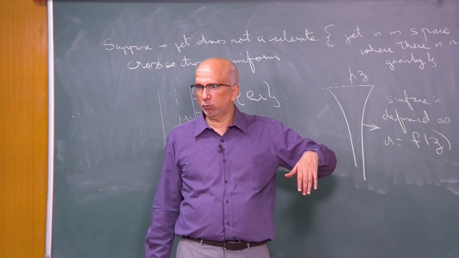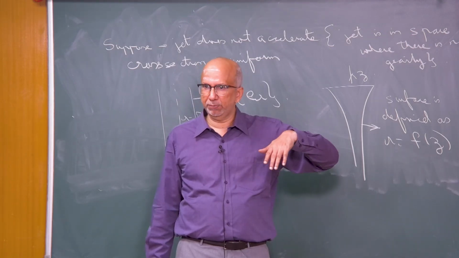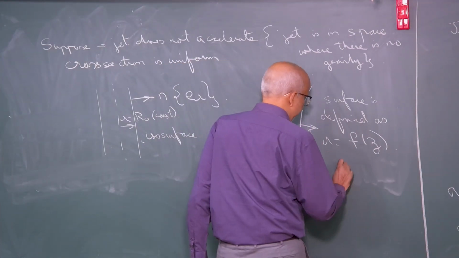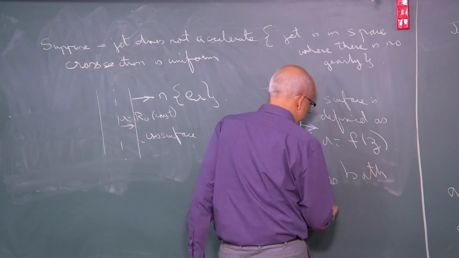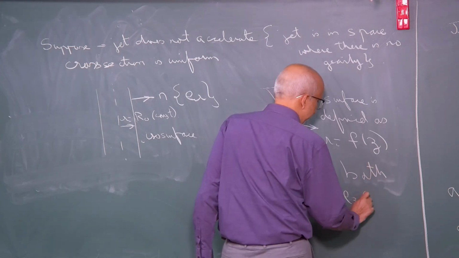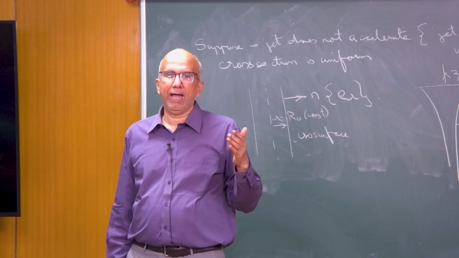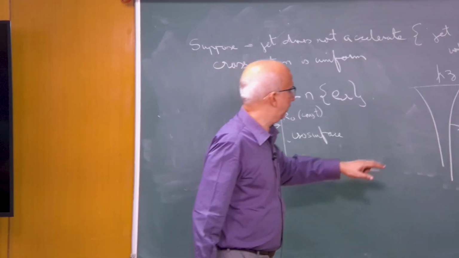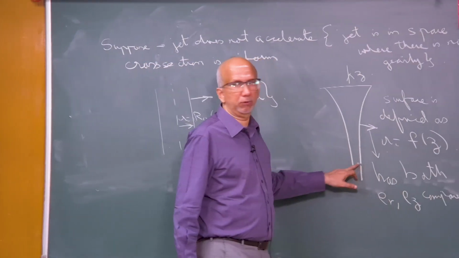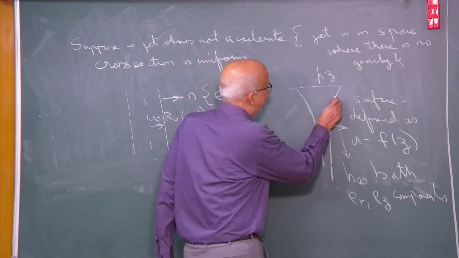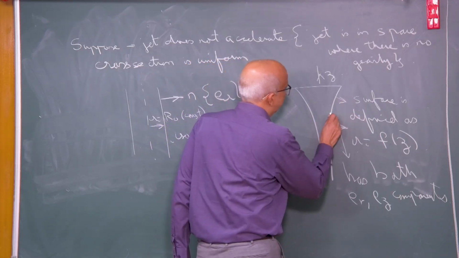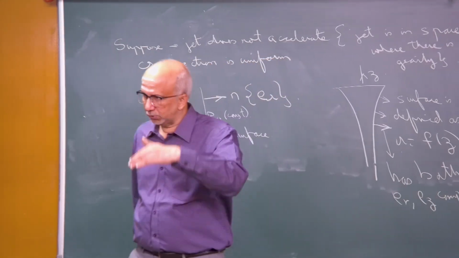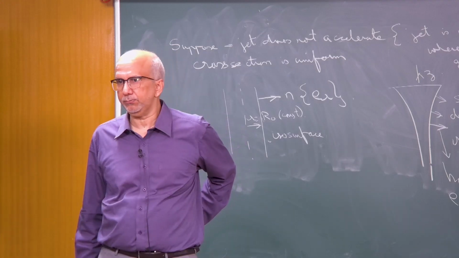So, the outward normal has both e_r and e_z components, and the normal is going to keep changing with z, because the curvature will keep changing. The normal here will be different from the normal here, and different from the normal here. The normal keeps changing; the normal is also a function of z.